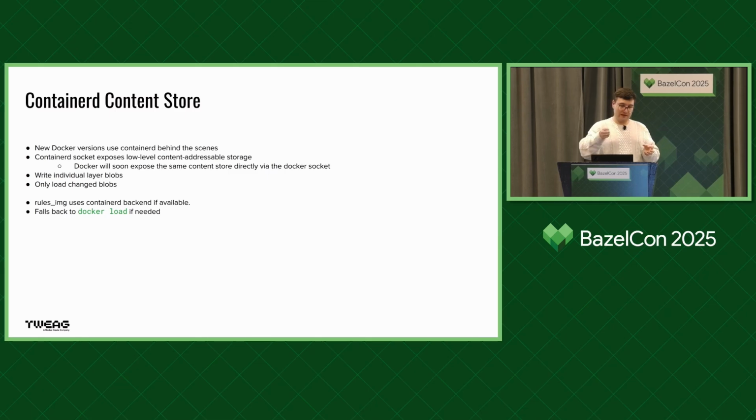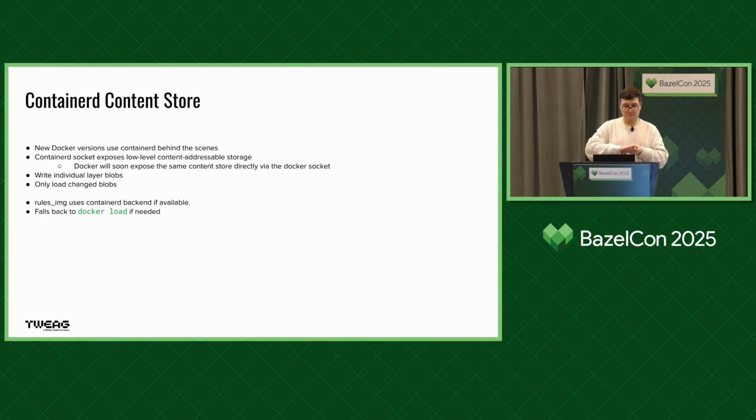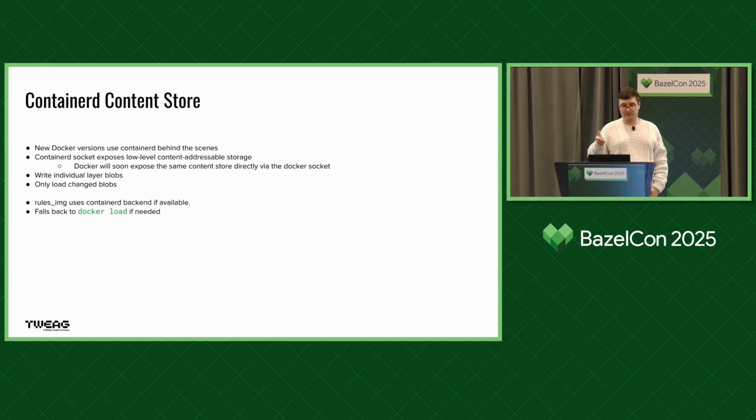Or you can say, load this specific blob into the content store. Whenever Docker uses containerd behind the scenes, you can just load the missing blobs into this containerd content store and completely avoid using the bad API of Docker load. So this allows us to do incremental image loading that is truly incremental.